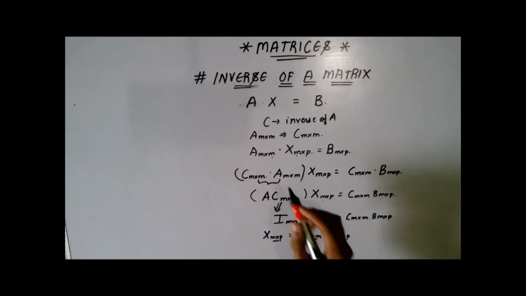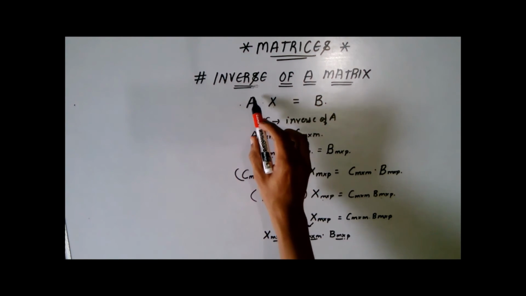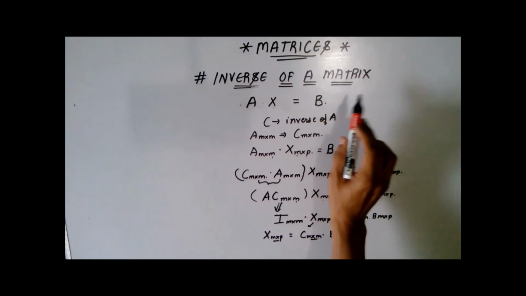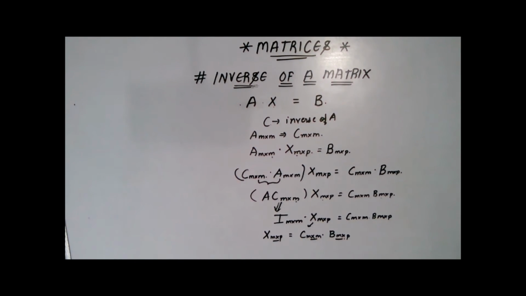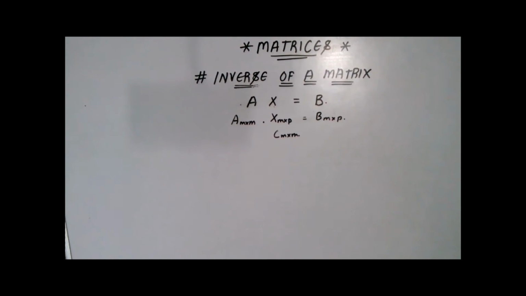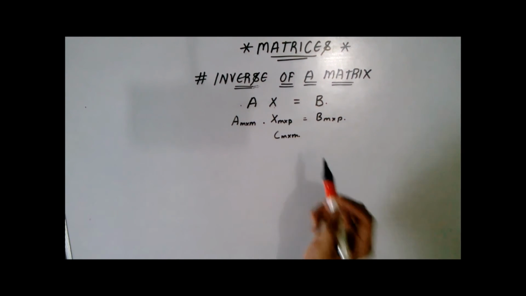Now, let's take a case where C is multiplied after A and after B, that is post multiplication of C in LHS and RHS. So, now we will see what will happen if we post multiply this C matrix in LHS and RHS.